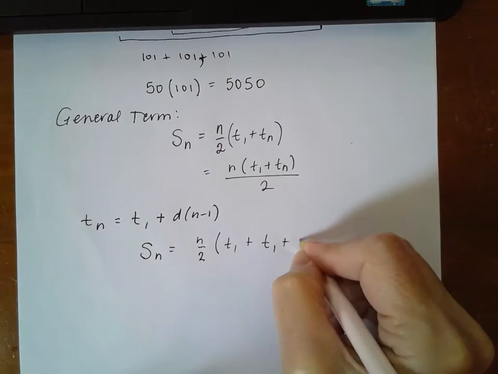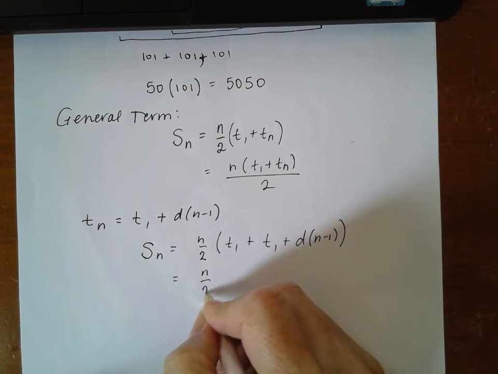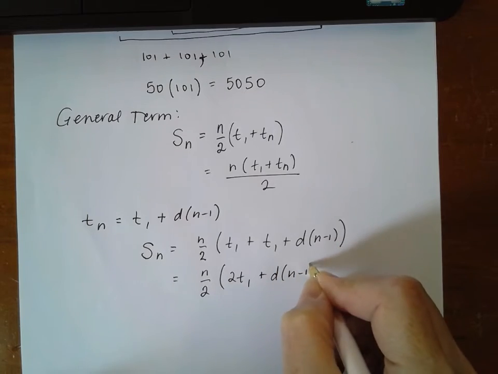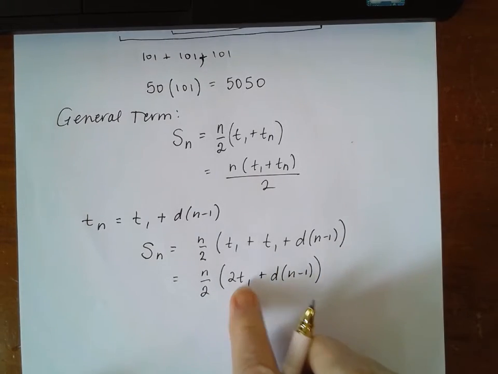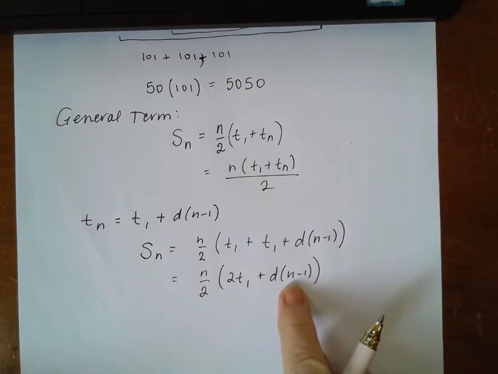So t sub 1 plus d times n minus 1. If you simplify that a little bit, you get n on 2 times 2t sub 1 plus d times n minus 1. I think these might both be on your sheet, but you can use this one when you don't know what t sub n is.